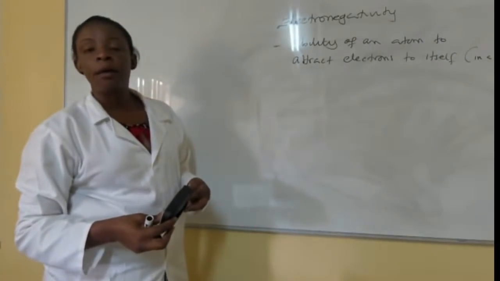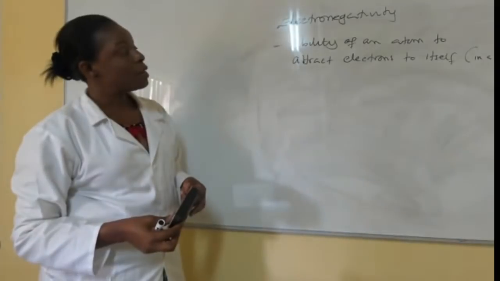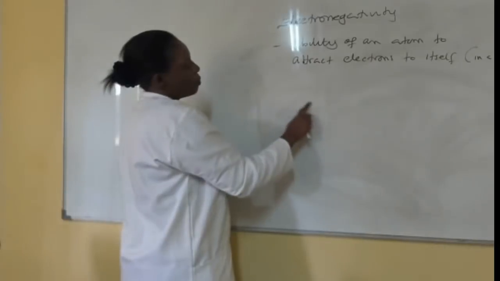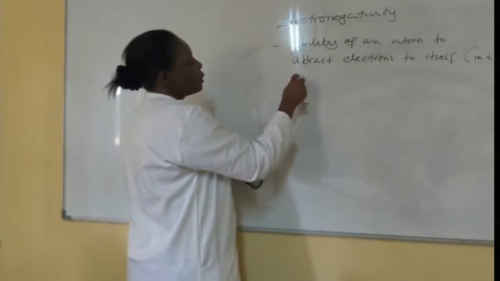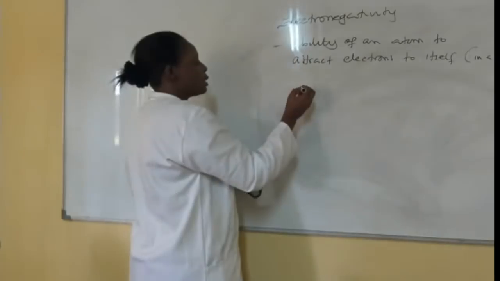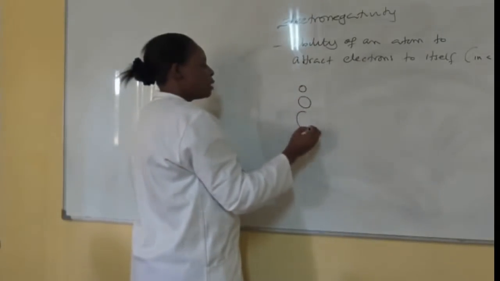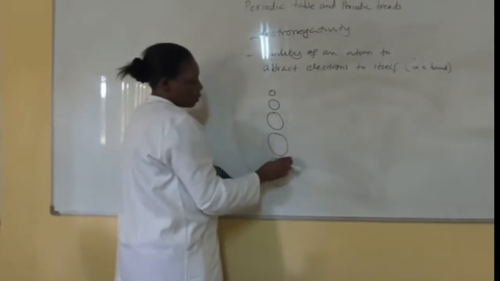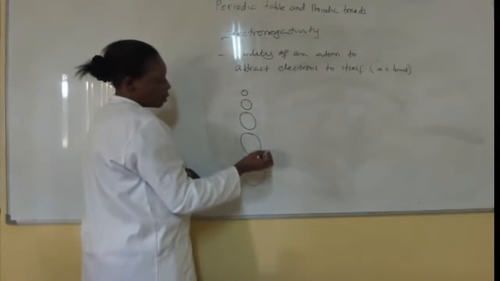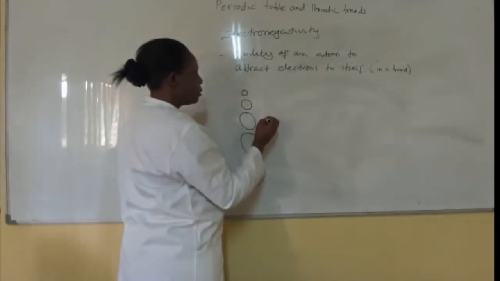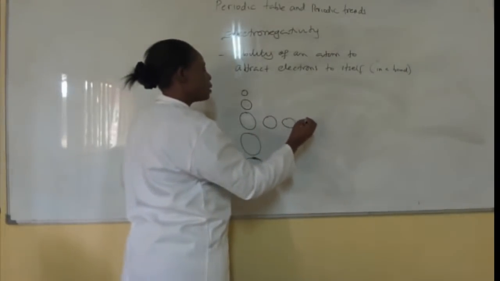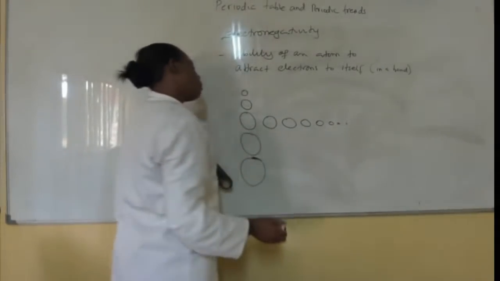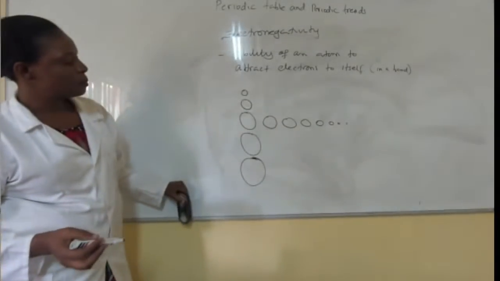We now look at the trends in electronegativity. From top to bottom, the size increases. From left to right, the size decreases.